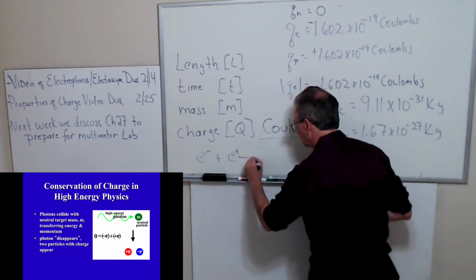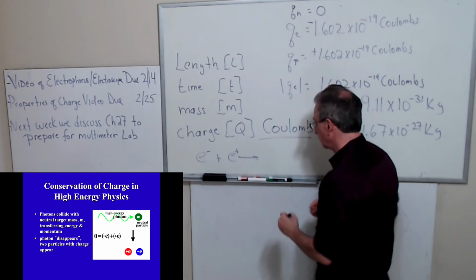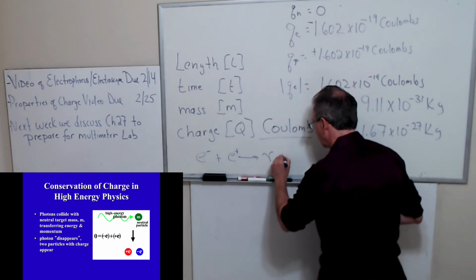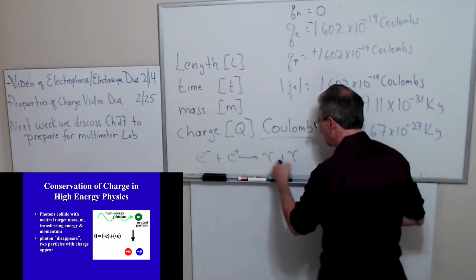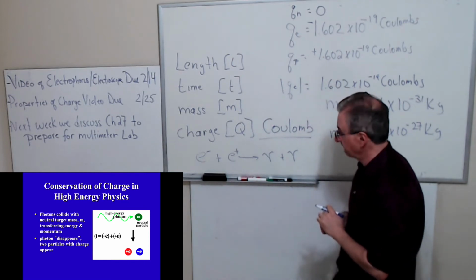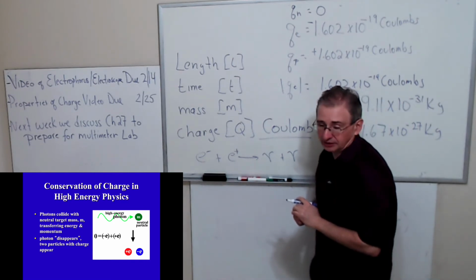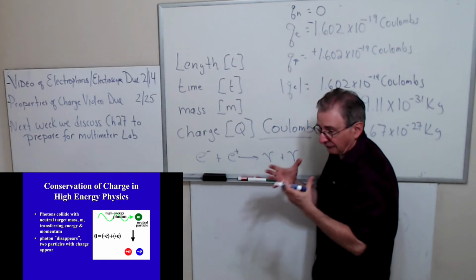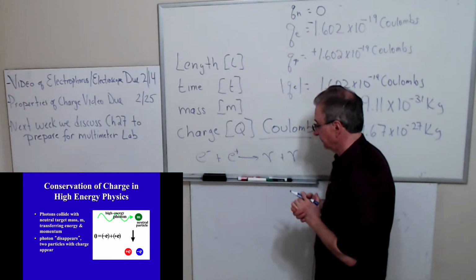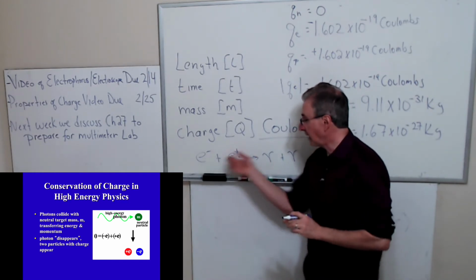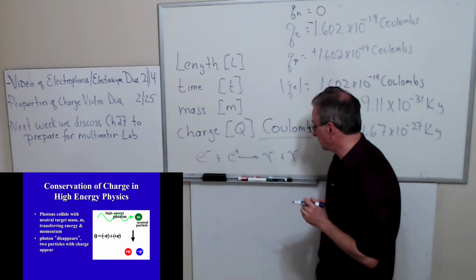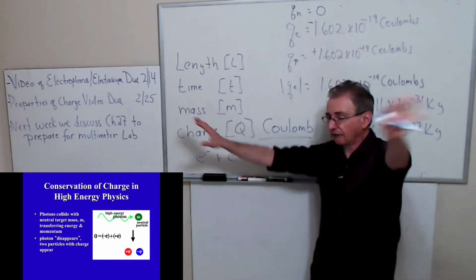What you can get out of it is 2 photons, which I'm denoting by this symbol gamma. Basically, two quanta that have just energy. So the mass disappears, it gets converted to energy, and you have 2 photons that go off in opposite directions.